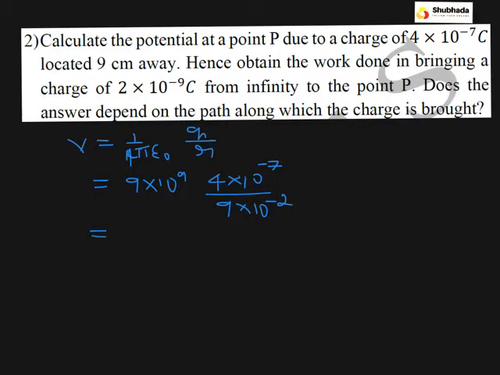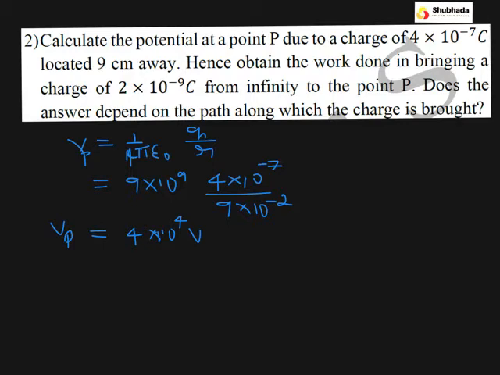So if I simplify this, I will get 4 into 10 to the power of how much? It is 4 into 10 to the power of 4 volt. Exactly. So this is the potential at that point P. Let me call it the point P. Okay. So Vp is equal to 4 into 10 to the power of 4 volt.